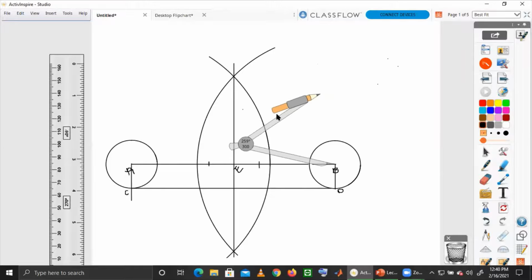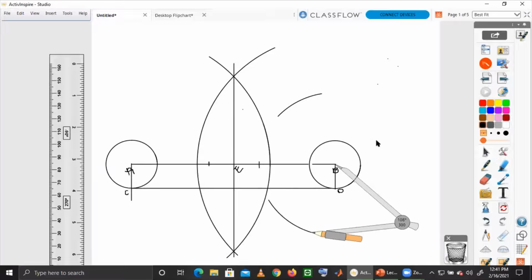Okay, now that's well positioned, I can draw my arc here. Position it well again, position my compass pencil well, and draw my other arc.